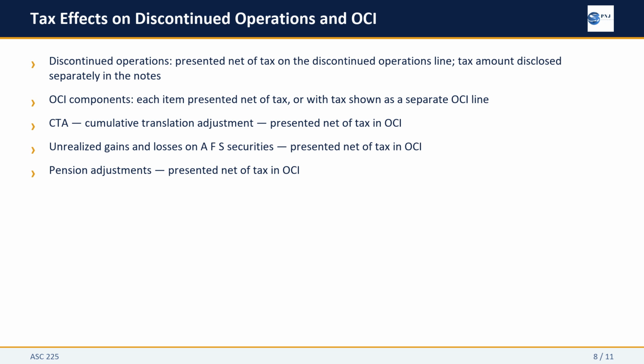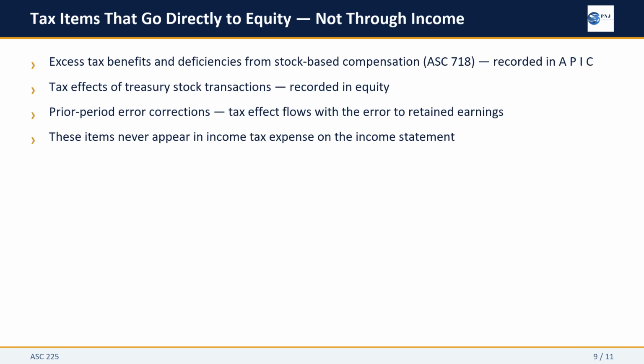The three most common OCI items, the CTA, cumulative translation adjustment on foreign operations, unrealized gains and losses on AFS, available for sale, securities, and pension obligation adjustments, all appear net of their respective tax effects in the Statement of Comprehensive Income.